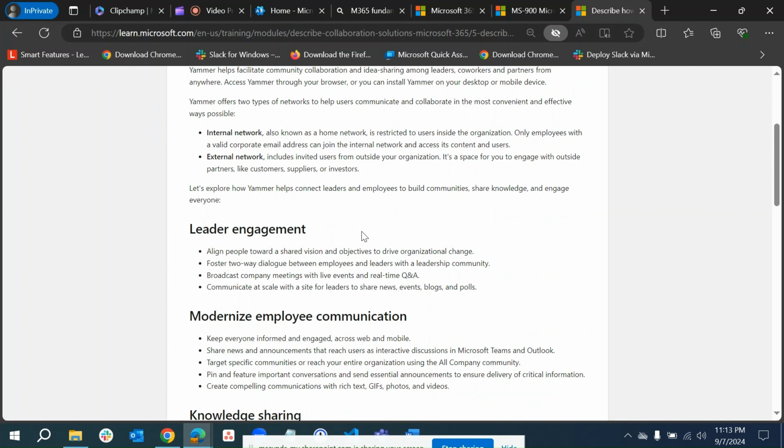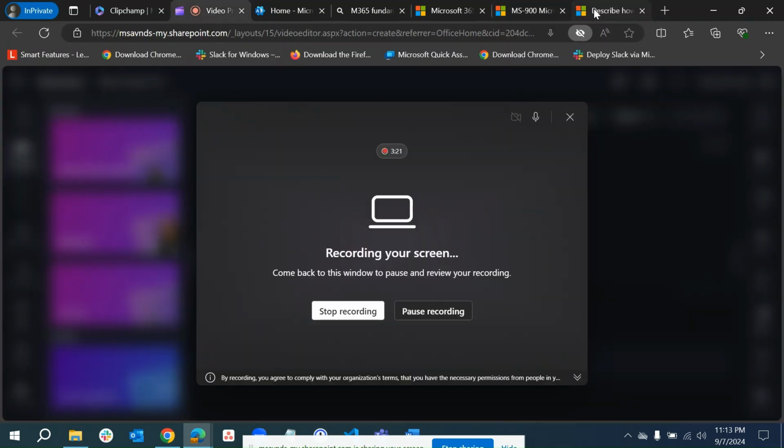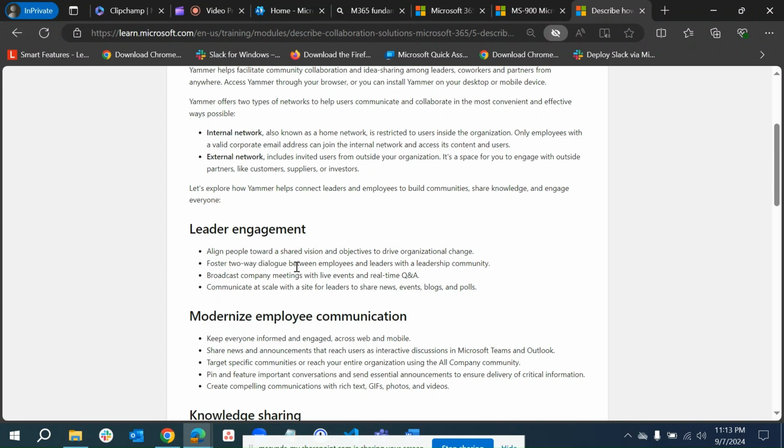Leadership engagement is also possible because people would be able to communicate and talk to the leaders, so they can look for organizational or objective changes, then foster two-way dialogue between employees and leaders with the leadership community, then broadcast company-wide meetings and live events, real-time Q&A sessions, communicate at scale with the site leaders and share news, events, and blogs along with polls.